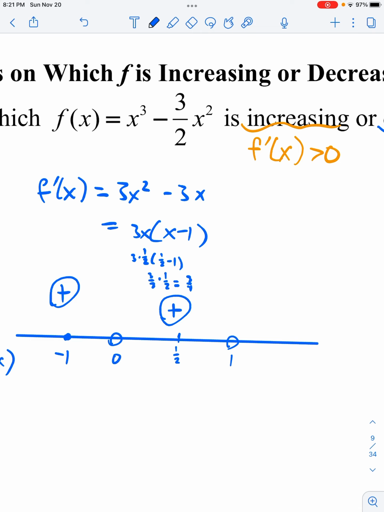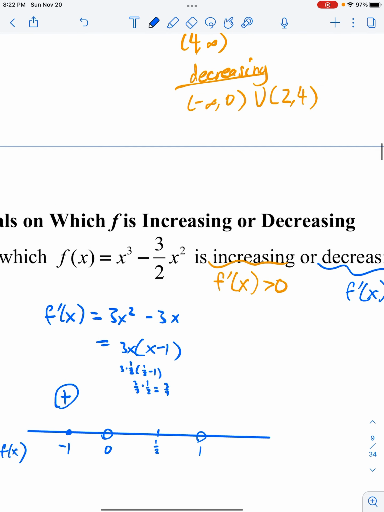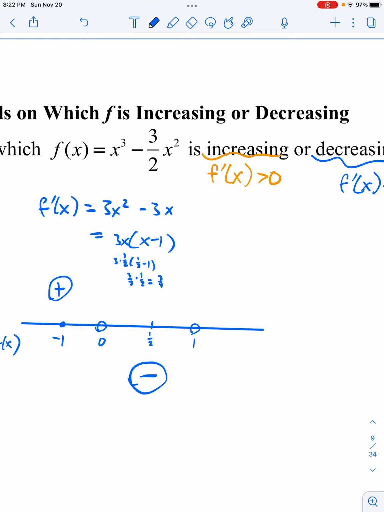Did I do that wrong? I feel like I did something wrong. Yeah, that's going to be negative. That's 3/2 times -1/2. I'm sorry, guys. It's negative, so it's going to be negative here. I make mistakes. It's okay to make mistakes.